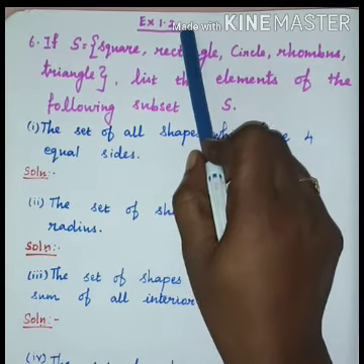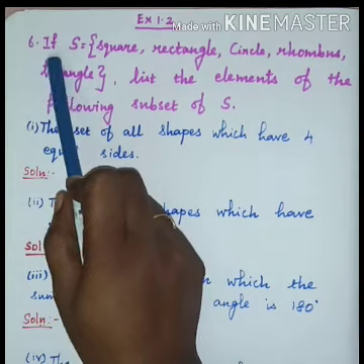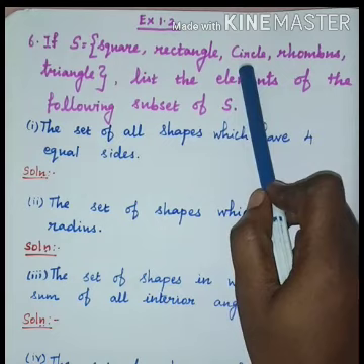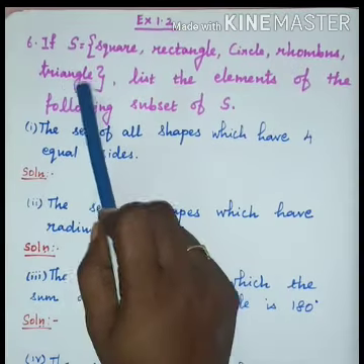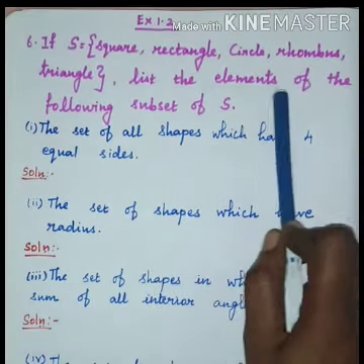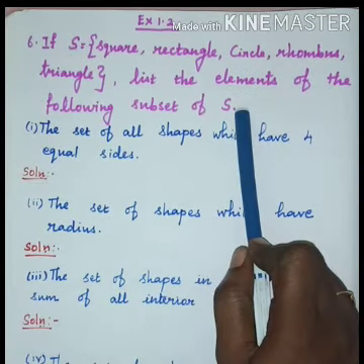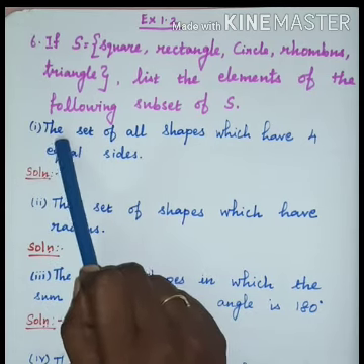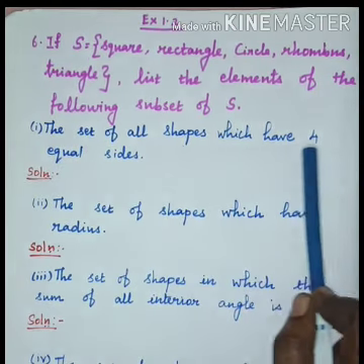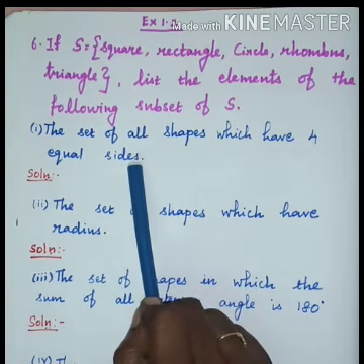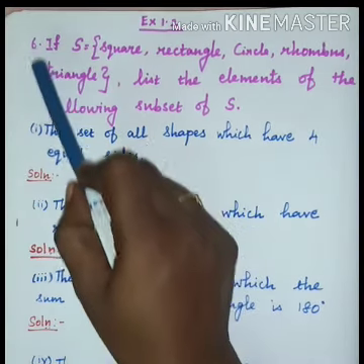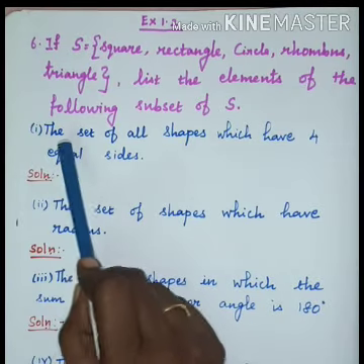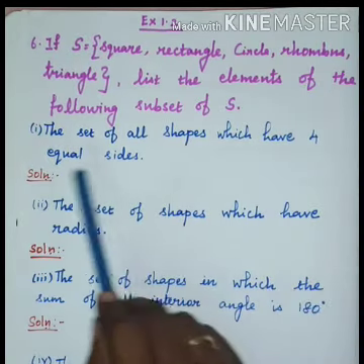Exercise 1.2, sixth sum. If S is equal to the set square, rectangle, circle, rhombus and triangle, list the elements of the following subsets of S. Question number 6 has 4 subdivisions. The first subdivision is the set of all shapes which have 4 equal sides.